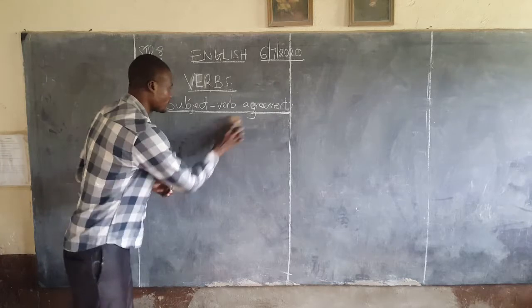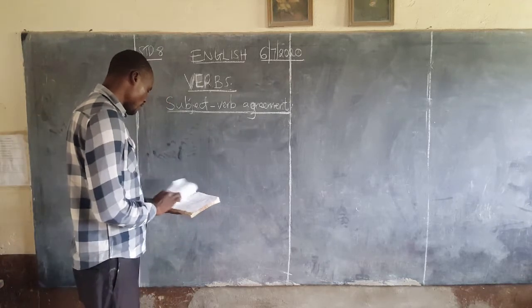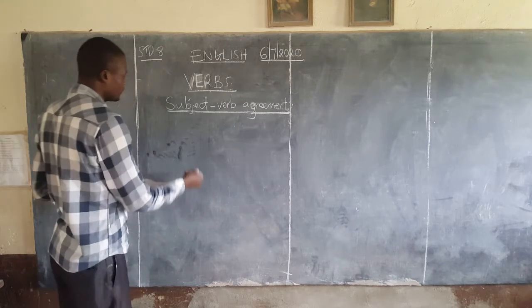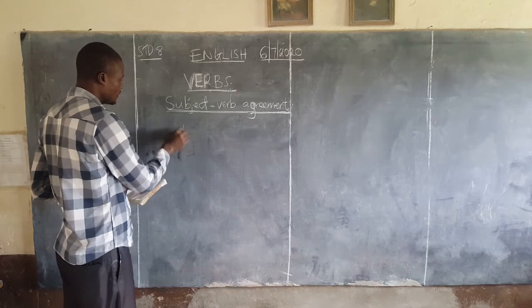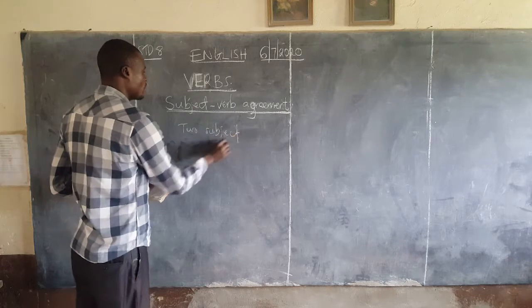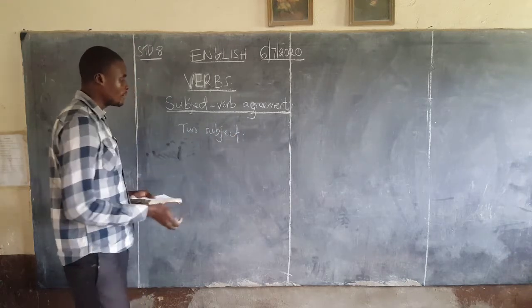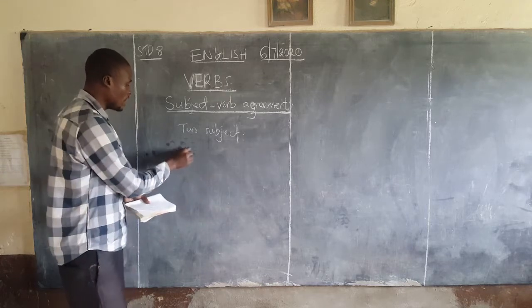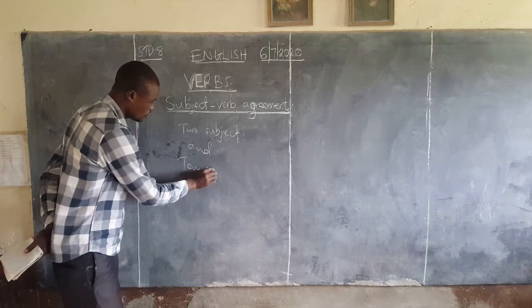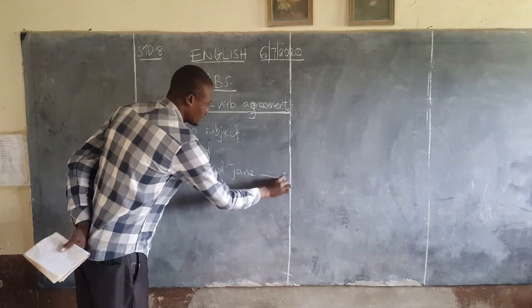So number one, we are going to look at a case when we are given words like this. Those are two subjects. When given two subjects, and those two subjects are joined with the conjunction and, a number of times you normally see Tom and Jane, dash, singing.